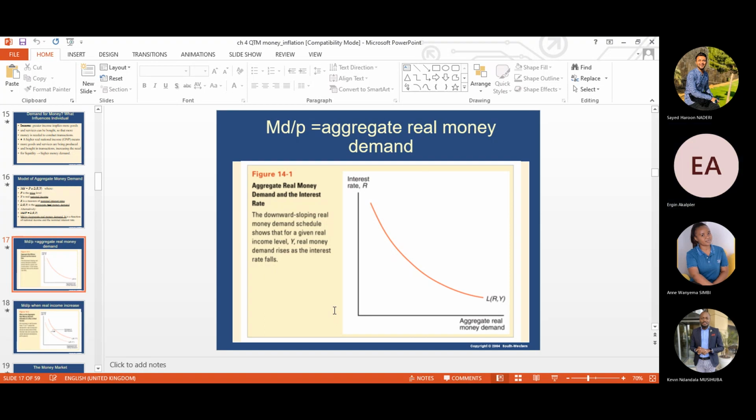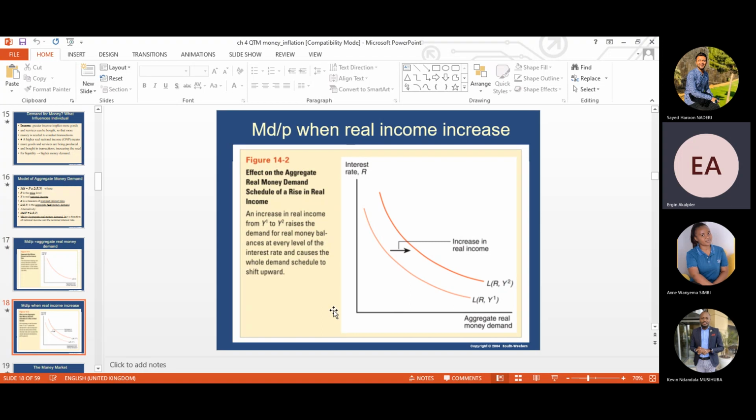If the interest rate falls, this will shift the real money demand. The downward sloping real money demand schedule shows that for a given real income level Y, real money demand rises as the interest rate falls, as I mentioned to you.